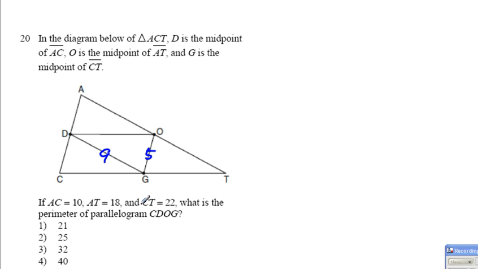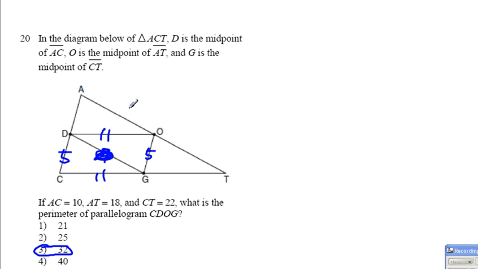This one equal to 9. And CT is equal to 22. That makes this one to be 11. But we're looking for the parallelogram CDOG. That means we don't need this one. So this one becomes 11. Opposite of 5 also becomes 5. So therefore we end up having 32 as our answer.